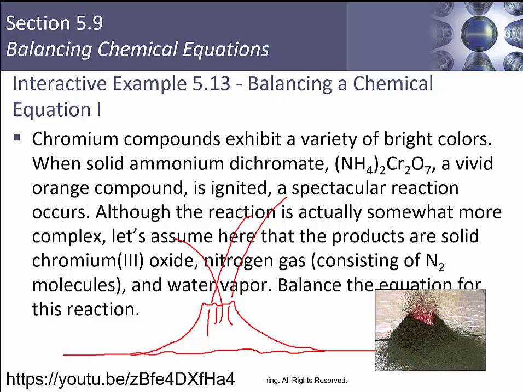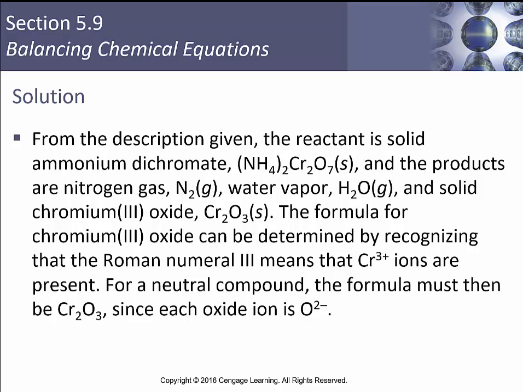Okay? So we're going to assume that there's a reaction that's going to have N2 molecules and water vapor. So the products are going to be nitrogen gas and water vapor and solid chromium(III) oxide. And we got the formula for chromium(III) oxide by recognizing that the Roman numeral 3 means it's chromium 3+ ions.